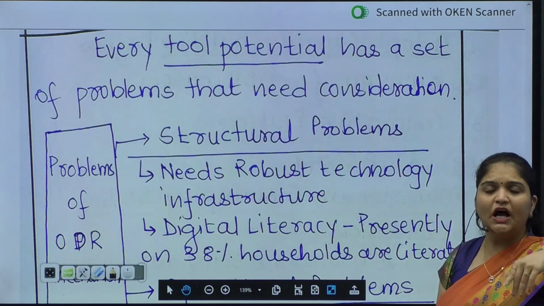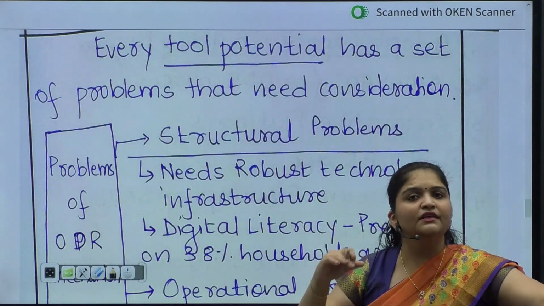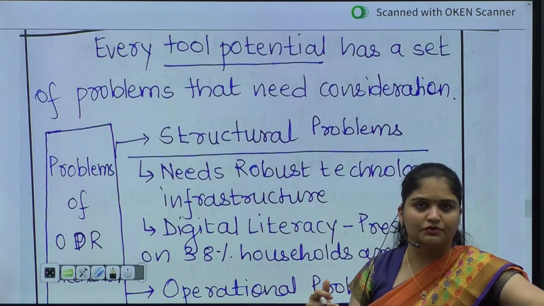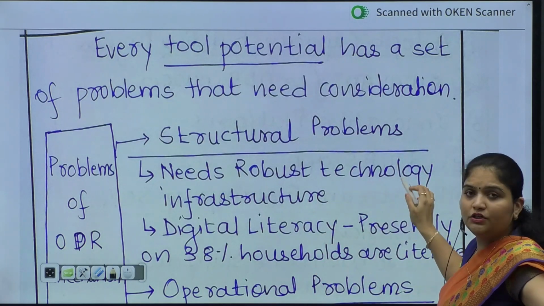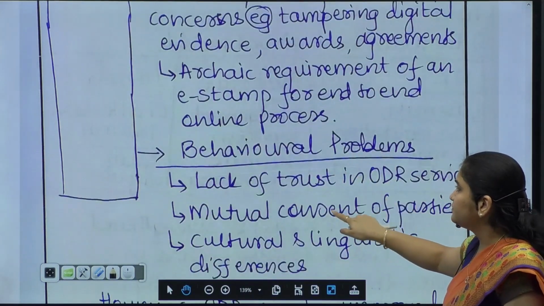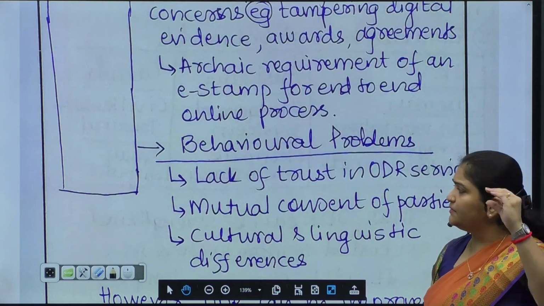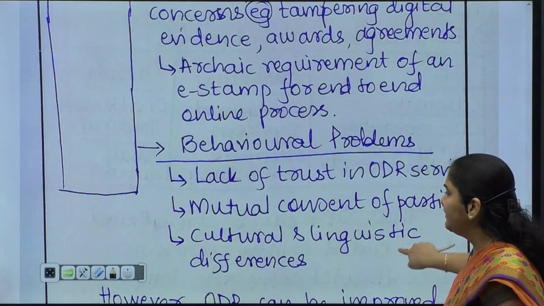Now problems: just as we address and structure challenges, similarly problems also have to be structured, okay? Like structural problems, operational problems, behavioral problems, okay? You talk of all these problems in different sets, all right?